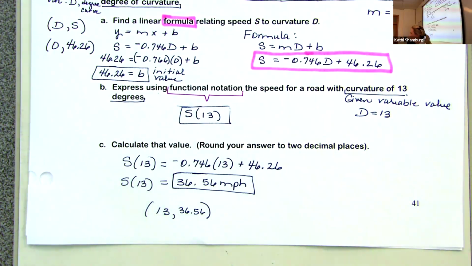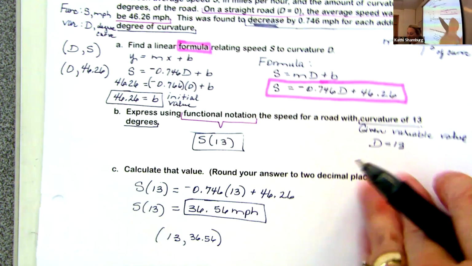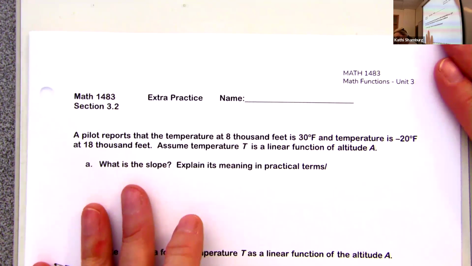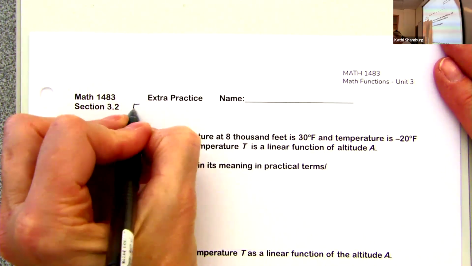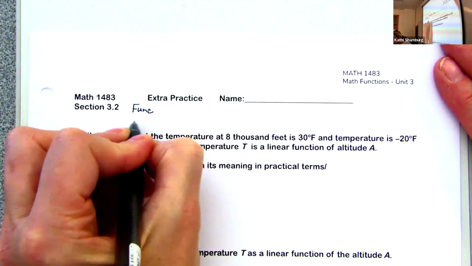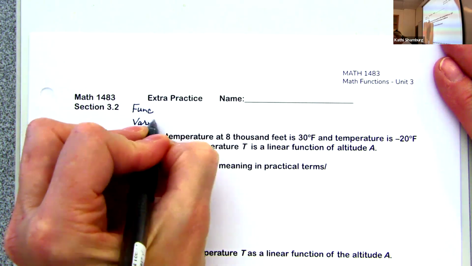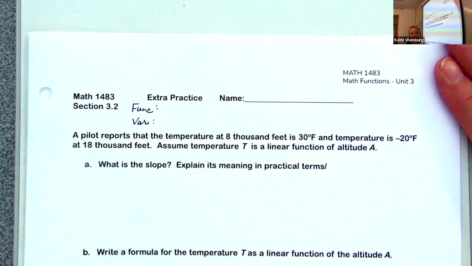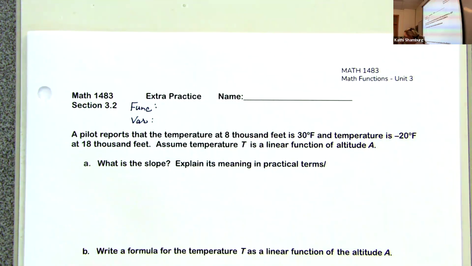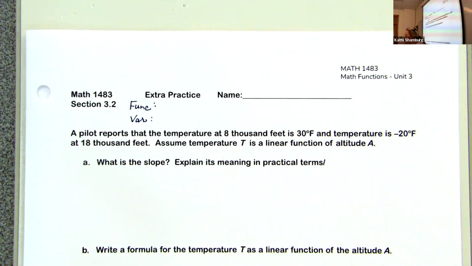I got you. Okay. So on this next one, I want you to define the function and the variable. And then what that ordered pair is, and then see if any ordered pairs are given.